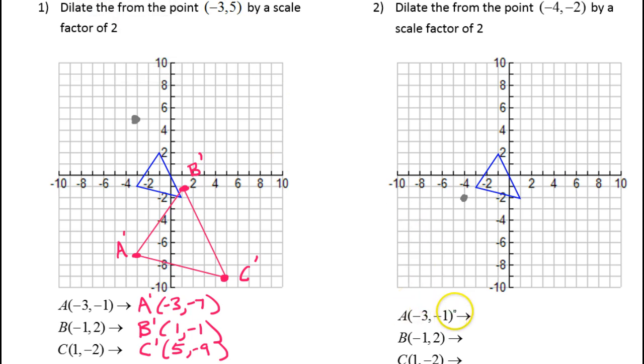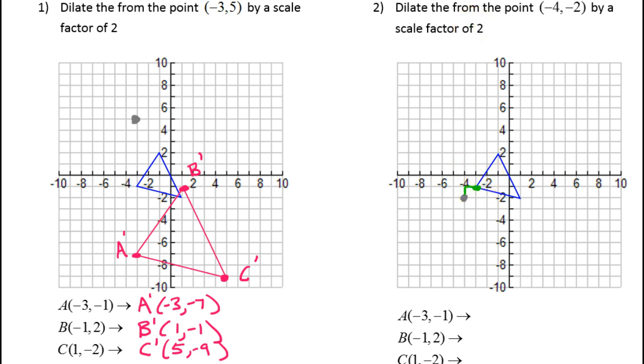Again, let's just take this one point at a time. This time we're going to dilate from the point -4, -2, which is right here. So let's start with point A, which is the point -3, -1. If I wanted to get from the center to point A, I would have to go up 1 and right 1.